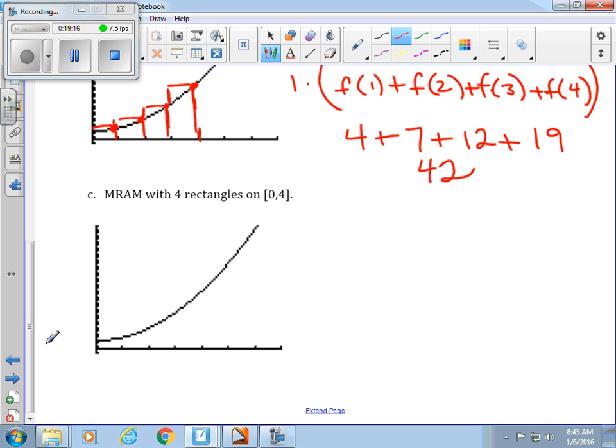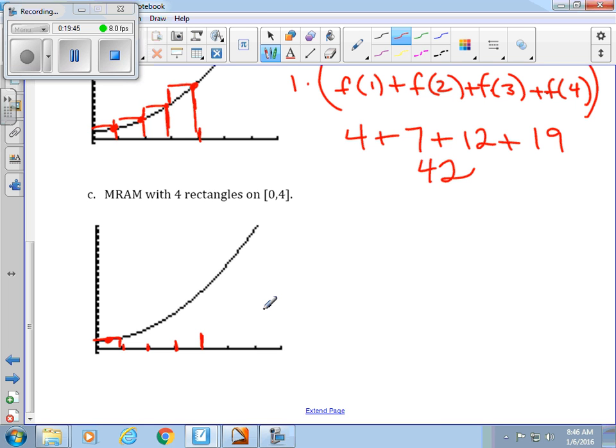Okay, midpoint rectangle. 4 rectangles from 0 to 4. We are going to pick up our calculator to actually do the math, but we're going to set it up first. We have rectangles. We could totally do the math without a calculator, but just for time purposes today. I'm going to pick the middle point to determine the height of my rectangle, correct?